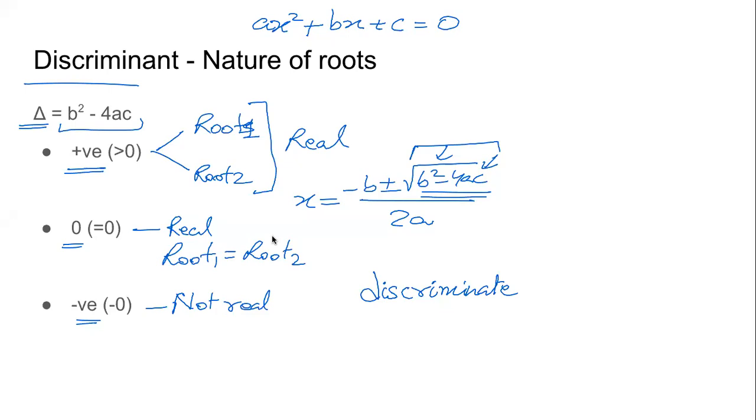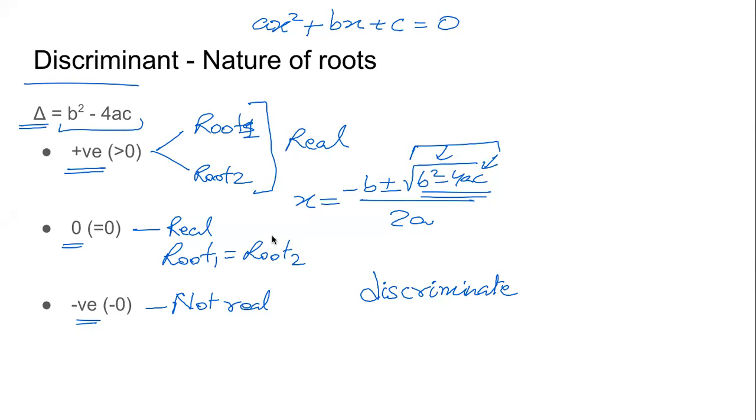Discriminate means to differentiate, and see what the discriminant is doing here. Discriminant tells us what kind of roots we will have and how many roots we will have. It discriminates. That is why this value b square minus 4ac is called a discriminant.